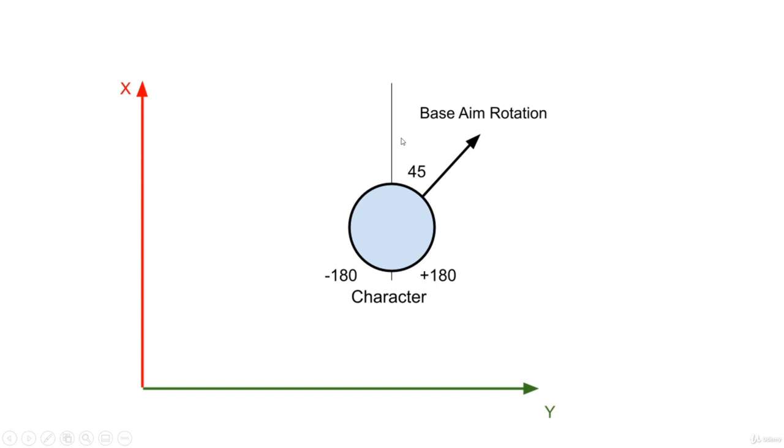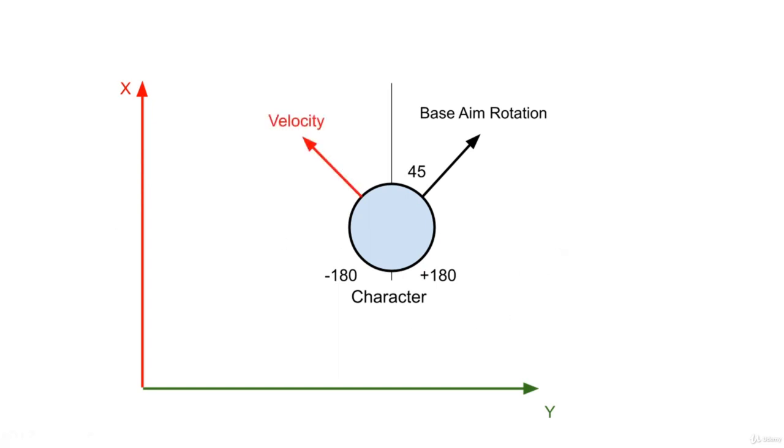Base aim rotation increases as we rotate clockwise away from the x-axis of the world. But if we're rotating counterclockwise, then we'll have a negative base aim rotation all the way to where we're facing the opposite way from the x direction, in which case we'll go all the way up to just before we reach negative 180. So base aim rotation is some value between negative 180 and positive 180.